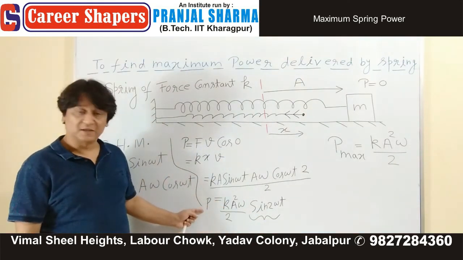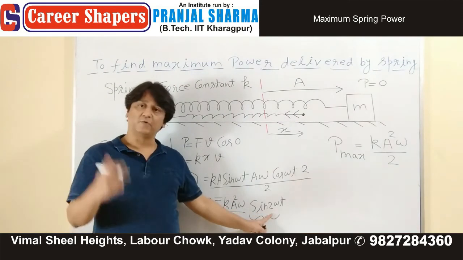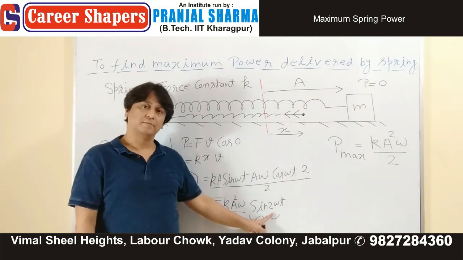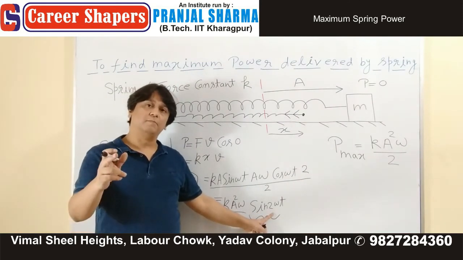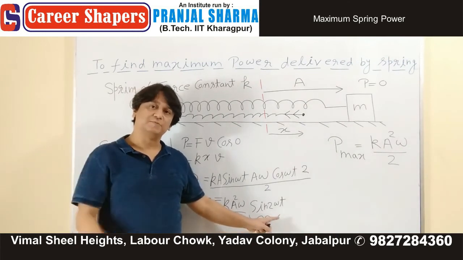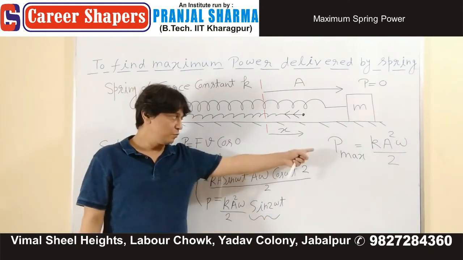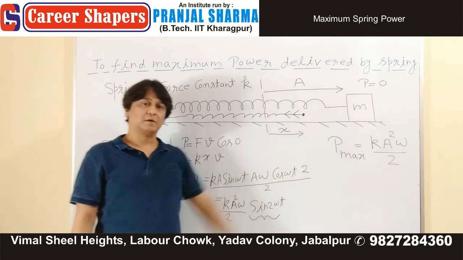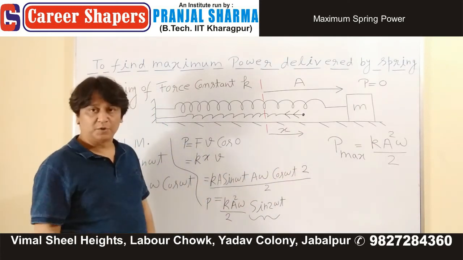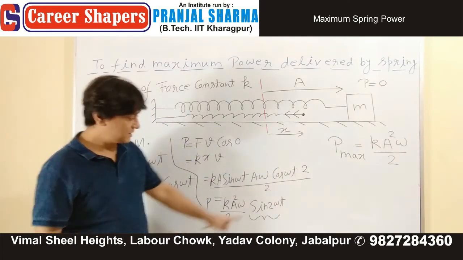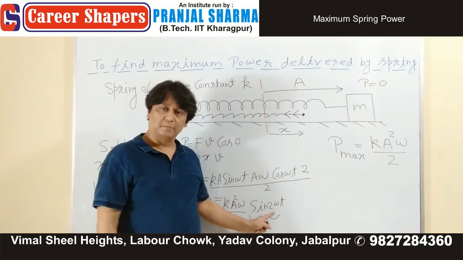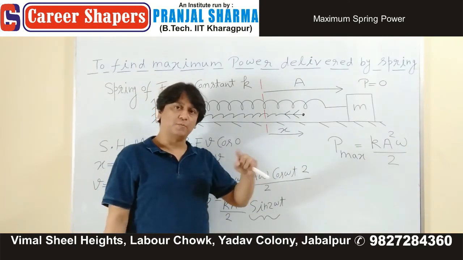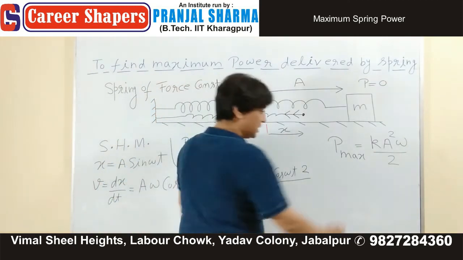When is P maximum? When sine its value is what? Maximum. So if you put x in the previous method, you will end up with this. But let's match up the data with the previous method. So when is sine maximum? Maximum of sine is 1. Now the point is, when is sine maximum?